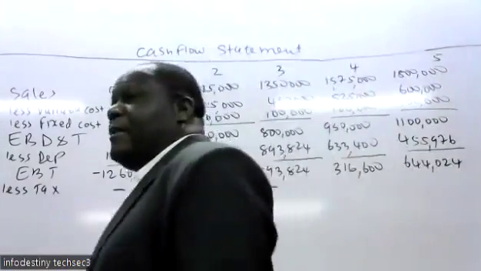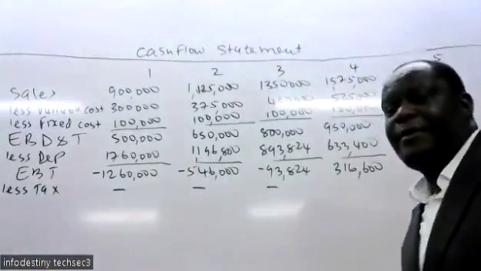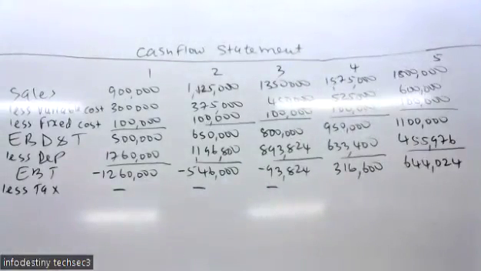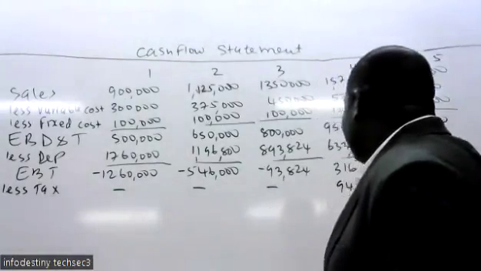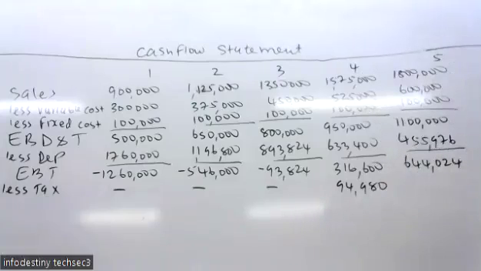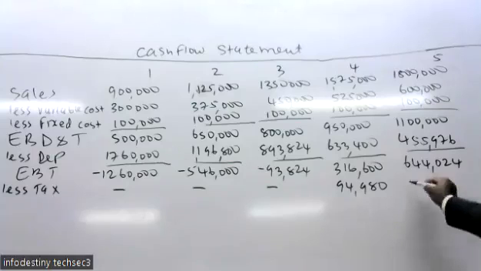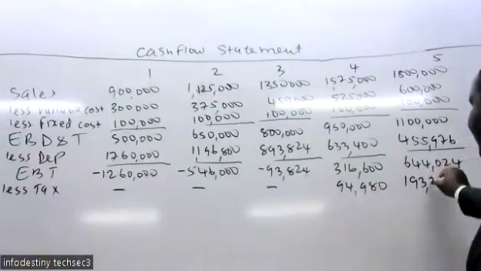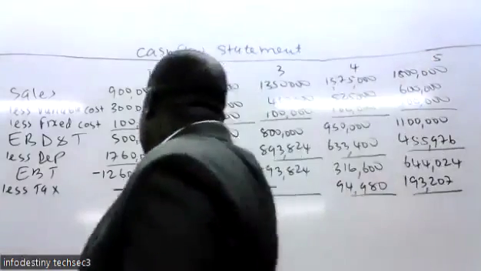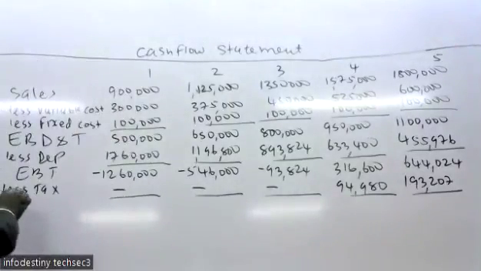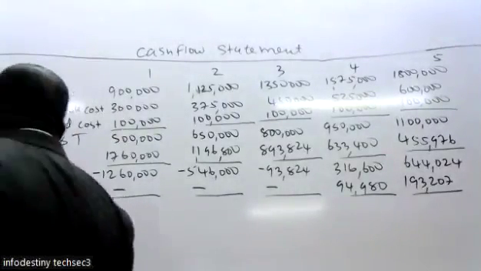Year four: 316,600 multiplied by 30%. Get 30% of that value: 94,980. How about year five? 193,207. So you subtract so that we get earnings after the tax.